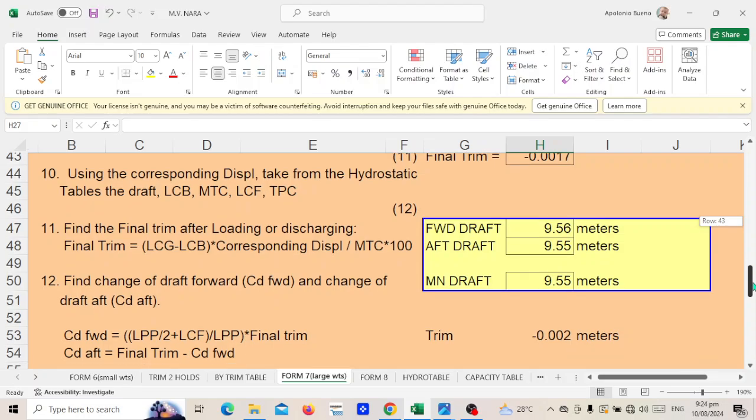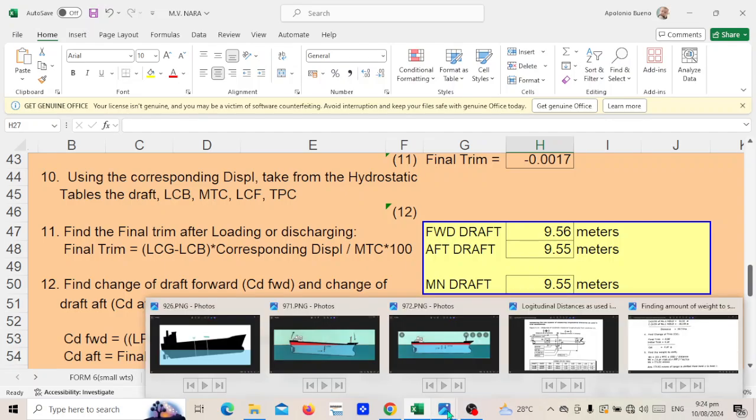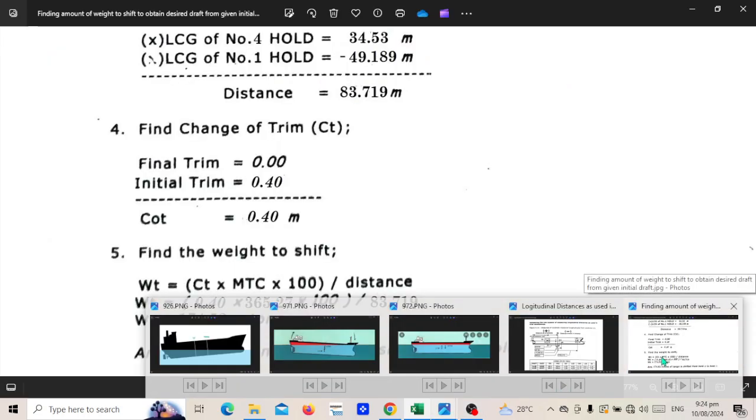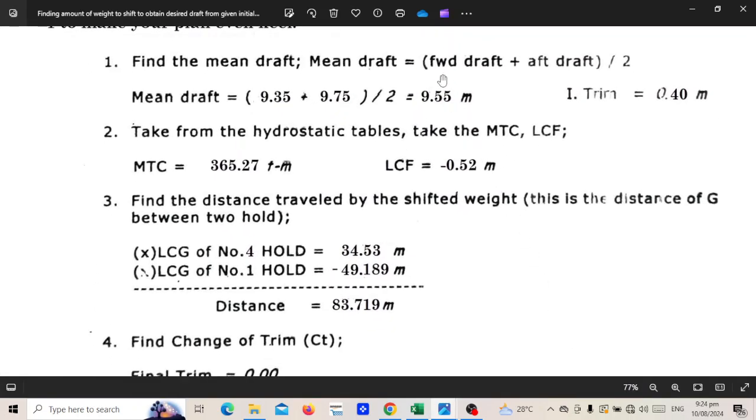Our draft now is even keel. We have 0 trim. Our main draft is 9.55. Our up draft is 9.55, and forward should be 9.55. This is as good as even keel. So look at the main draft, guys, 9.55. Check the main draft here, 9.55. It's the same. Okay, why?